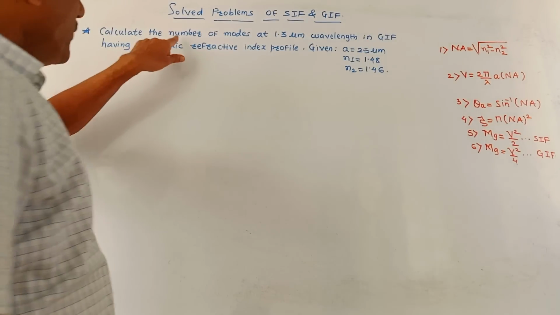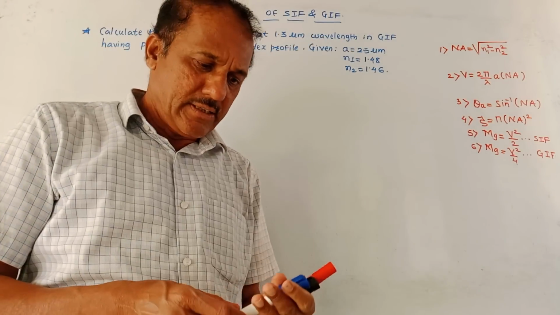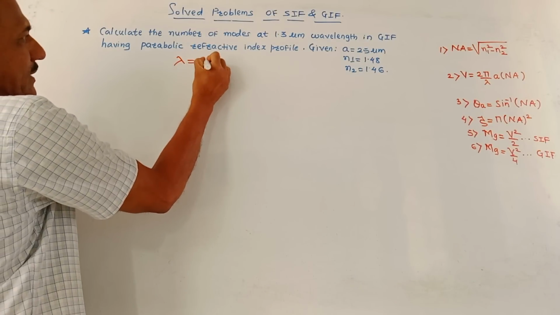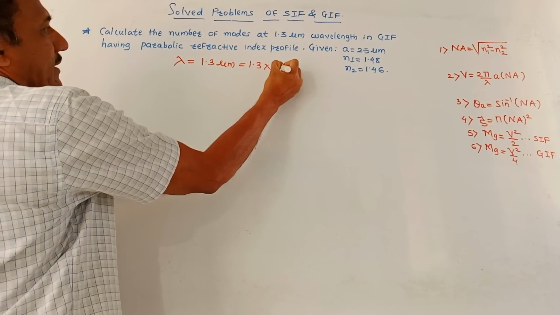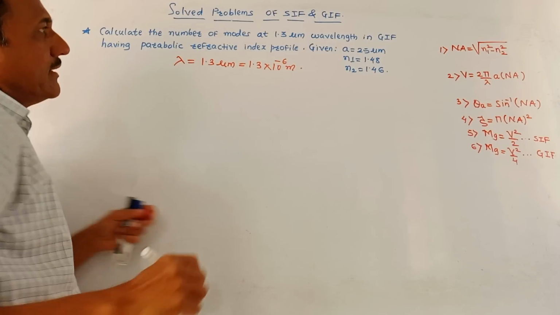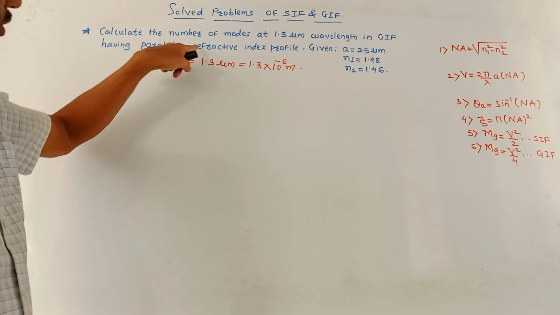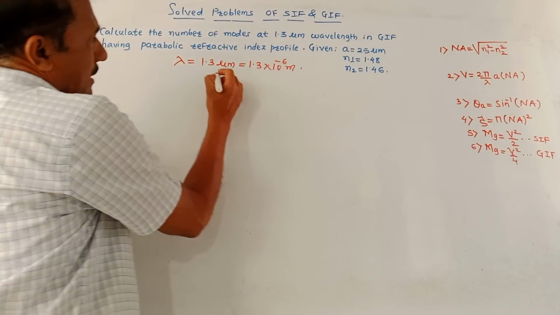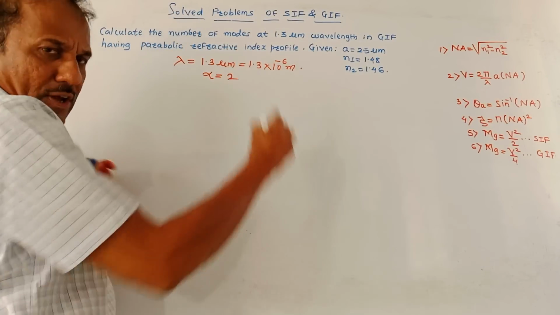Next problem: calculate the number of modes at 1.3 micrometer wavelength. The given value of wavelength is in micrometers. So lambda is 1.3 micrometer, which is 1.3 into 10 raised to minus 6 meters. In a GIF, graded index fiber, having a parabolic refractive index profile, now this is just for your information, the refractive index profile is denoted by alpha. If it is parabolic, the value of alpha is 2.